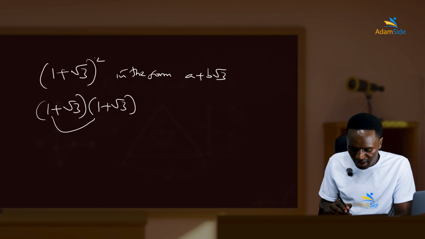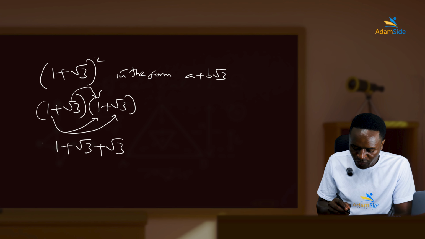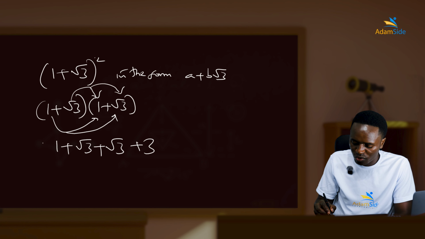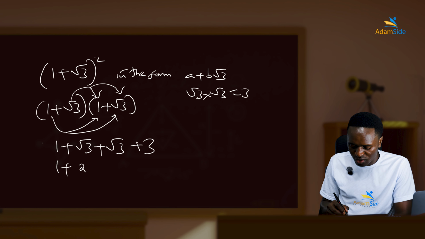So 1 times 1, you get 1. 1 times root 3, you get plus root 3. Then root 3 times 1, you get plus root 3. Root 3 times root 3, you get 3. Then 1 root 3 plus 1 root 3 gives 2 root 3.